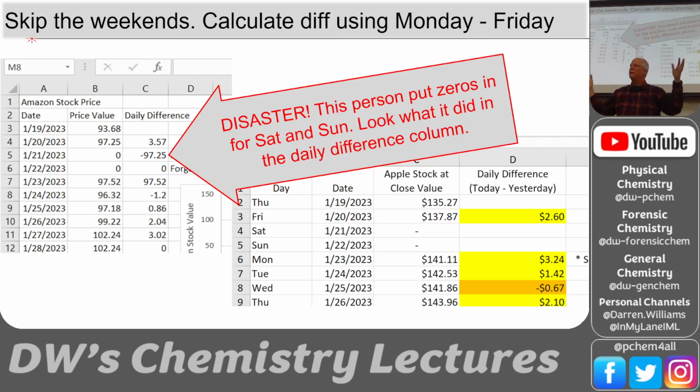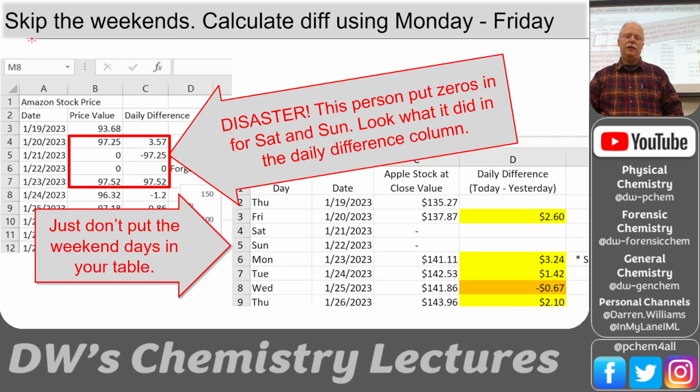That's a problem, right? They didn't actually measure those zeros. That would be a disaster for Amazon stock price to go from 97 to 0. They didn't have that situation happen. It was just closed on Saturday, closed on Sunday, and then Monday came along and it was stable. So don't do that.